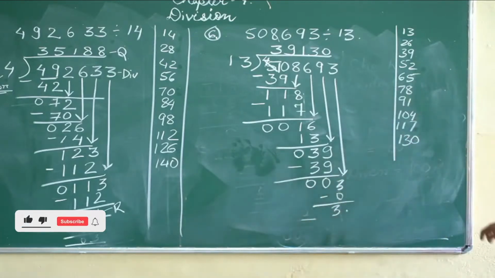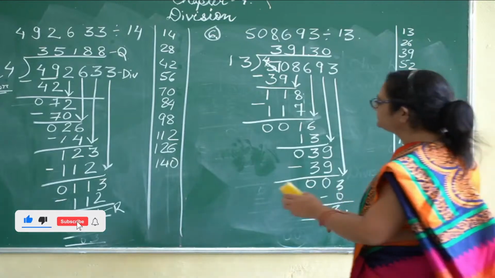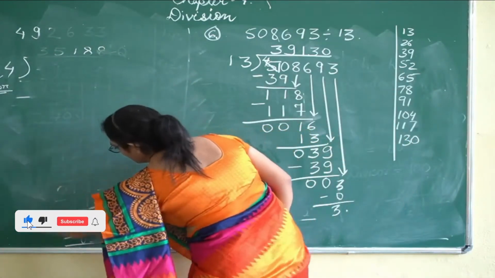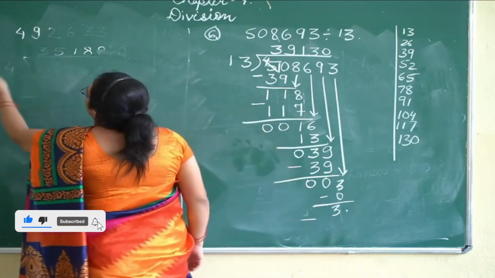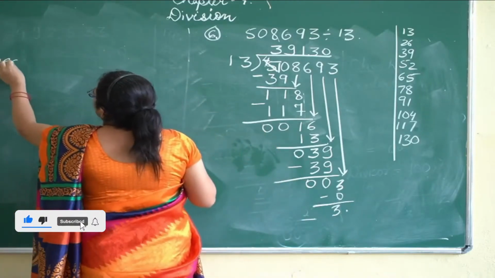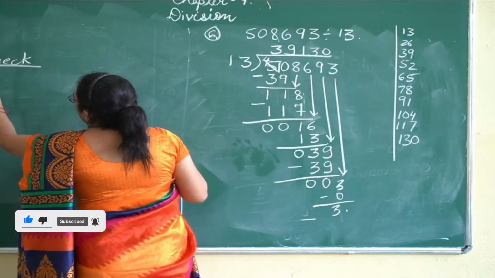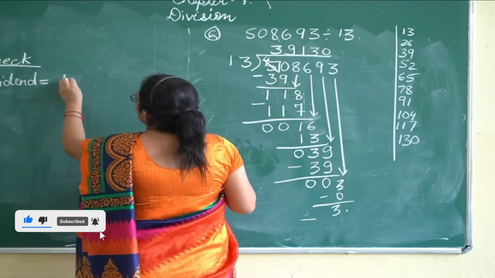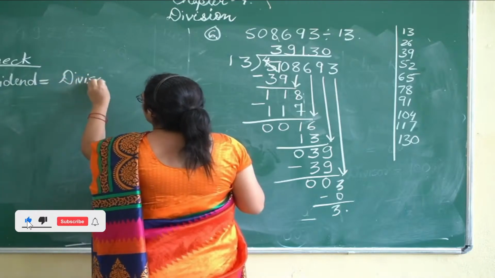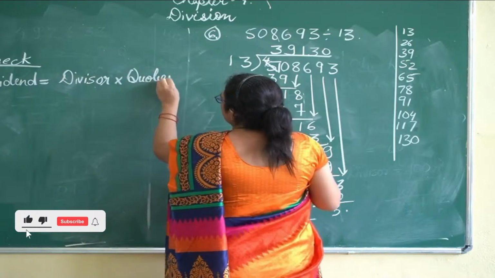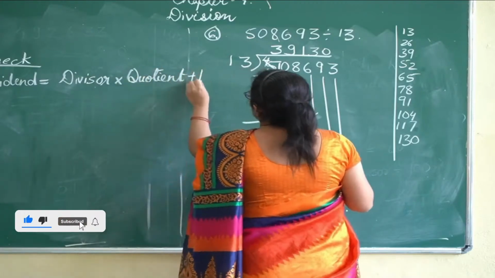We will check this sum. How will we check? What is the formula for checking? Dividend is equal to divisor into quotient plus remainder.